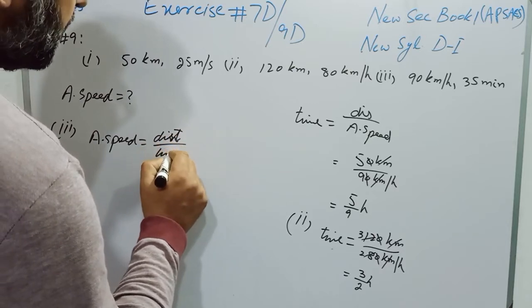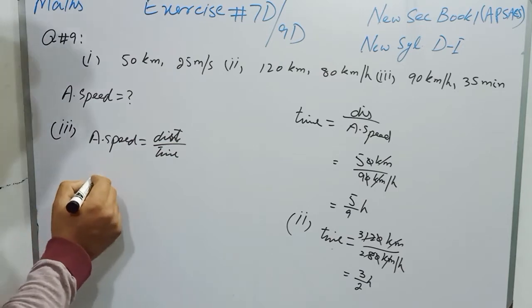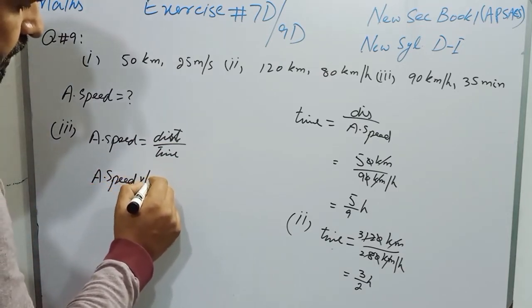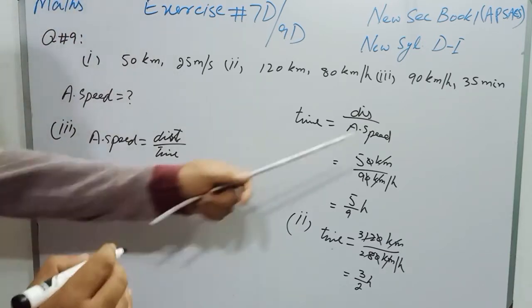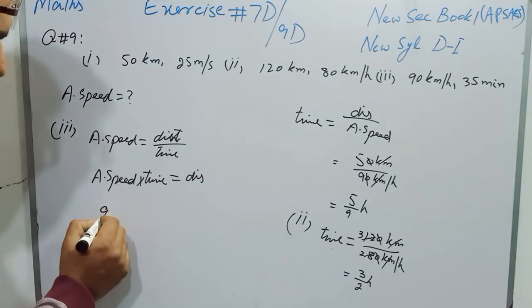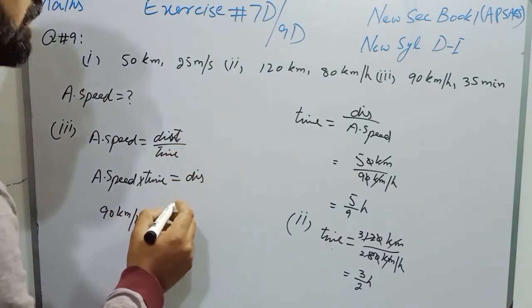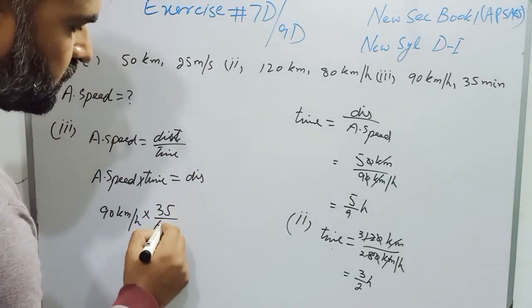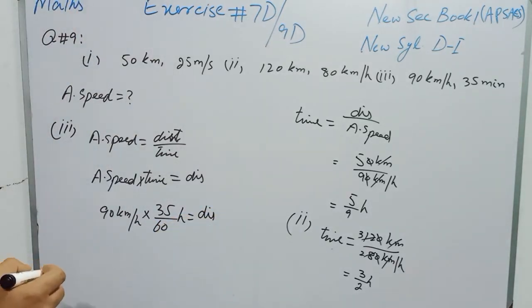Distance over time, and we have to find distance, so time will multiply on the left side, and average speed multiplied by time is equal to distance, and average speed, students, is 90 km per hour multiplied by time is 35 minutes. So if I divide 35 with 60, it will become hour, and that is equal to distance.